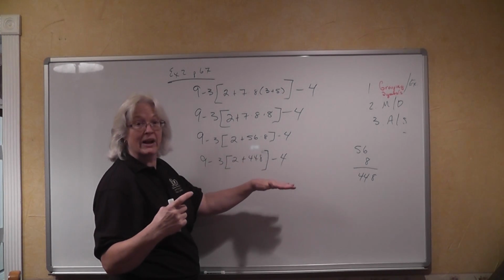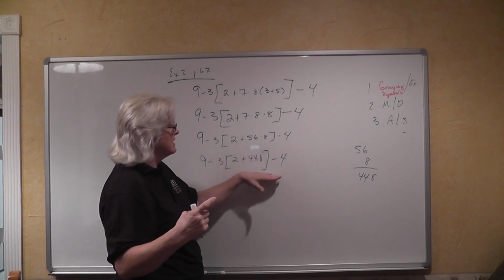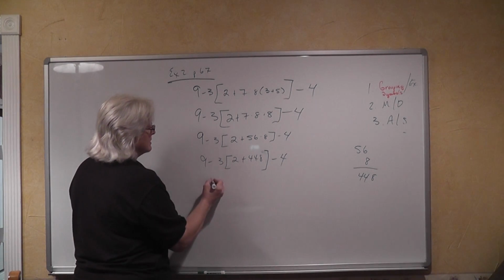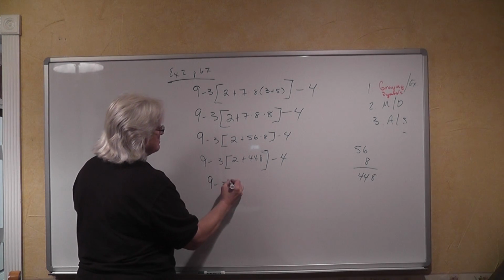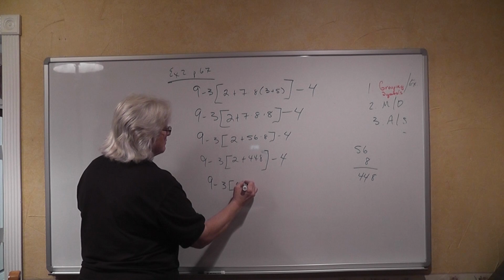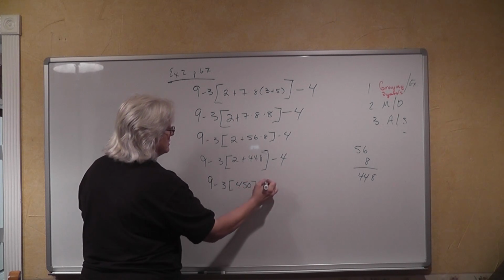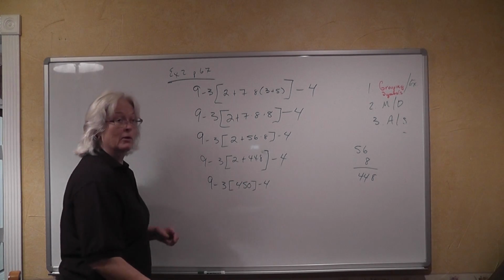You saw that I had to erase the parentheses. It's because it's supposed to be a bracket. 9 minus 3 times 450 minus 4.